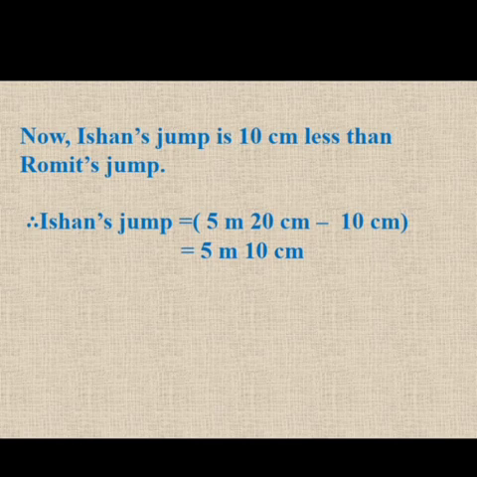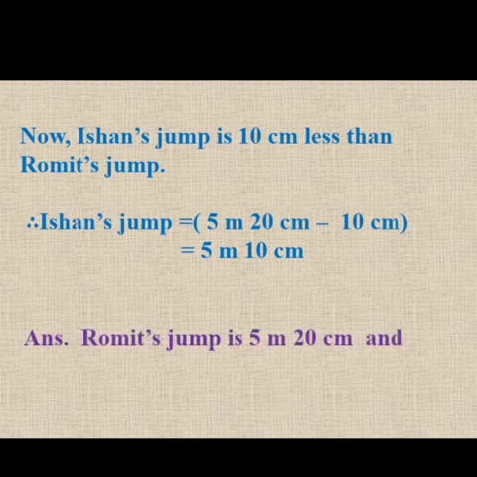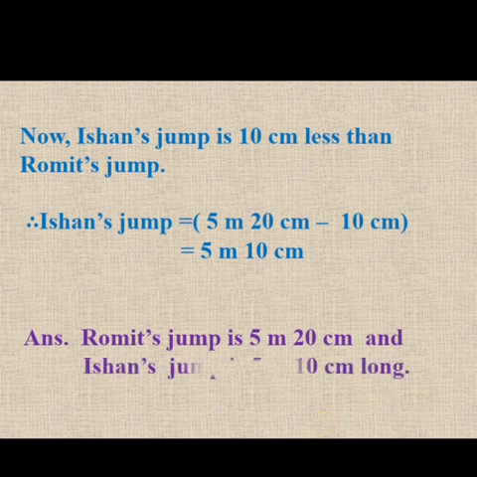Therefore, Ishan's jump is equal to 5 meter 20 centimeter minus 10 centimeter. So, if you subtract 10 centimeter from 5 meter 20 centimeter, you will get 5 meter and 10 centimeter. So, the answer is Romit's jump is 5 meter 20 centimeter and Ishan's jump is 5 meter 10 centimeter long.